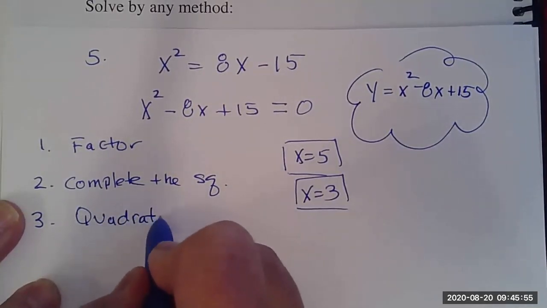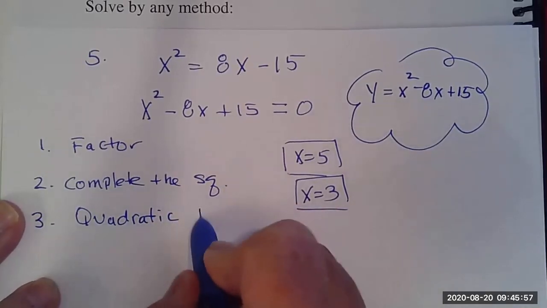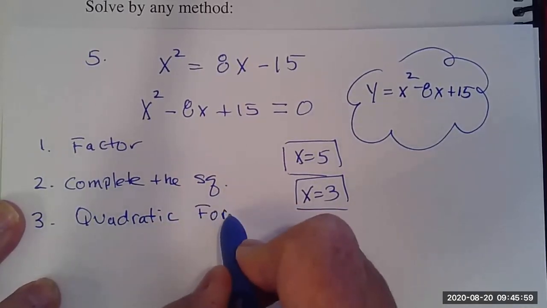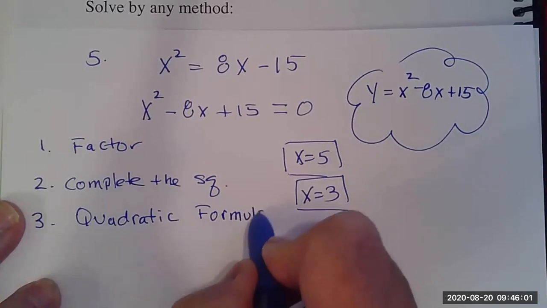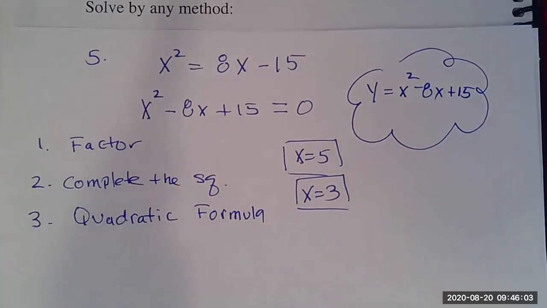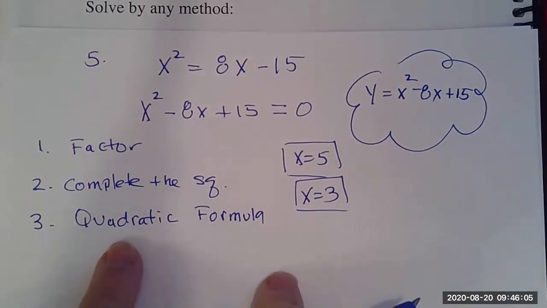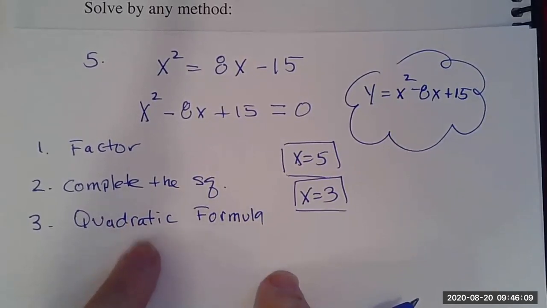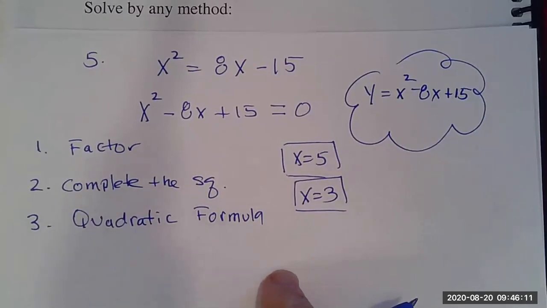All of you should have seen that as well at some point in time. You just needed to be reminded about it. I'm going to wait on the quadratic formula because there's another one coming up next. I'm never going to do complete the square personally. There's easier ways of doing it.